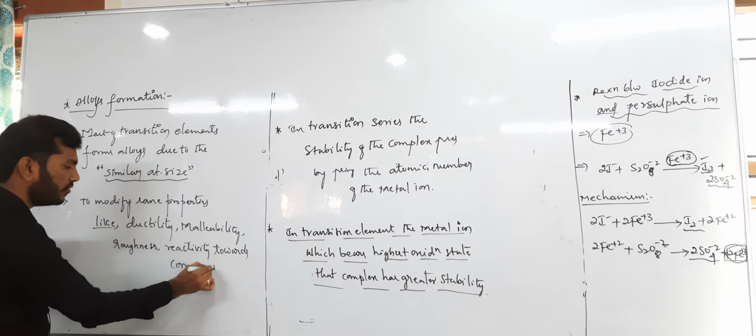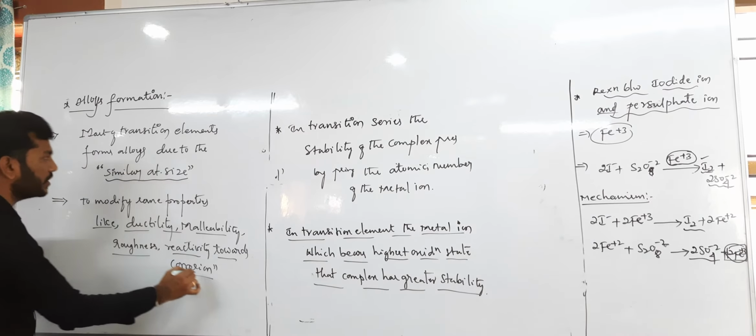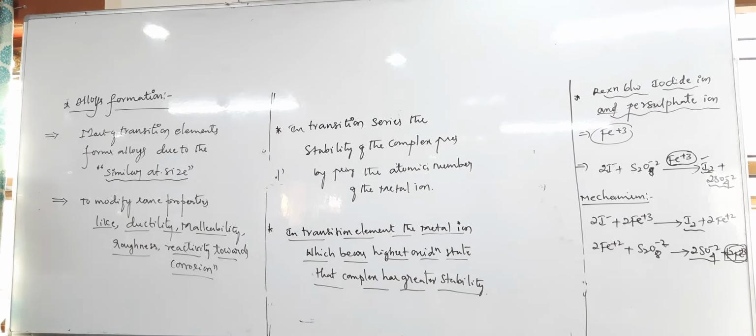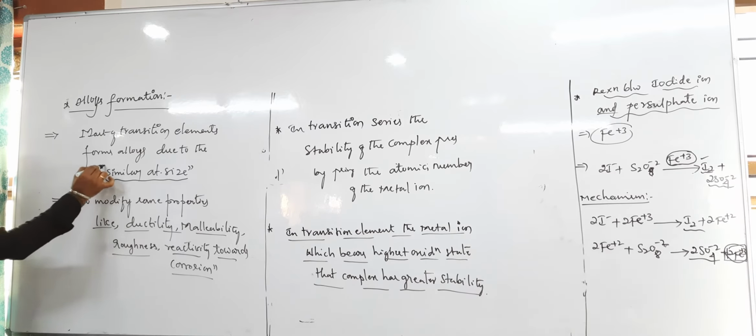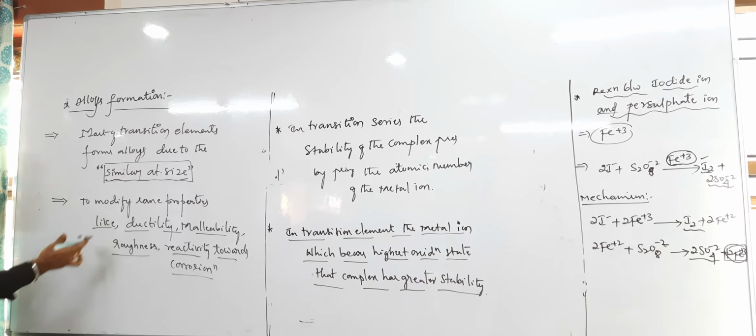So in order to modify all these properties, alloys are formed with the help of transition elements. The most important thing is that alloys are formed by transition elements because they have similar atomic size, guys.